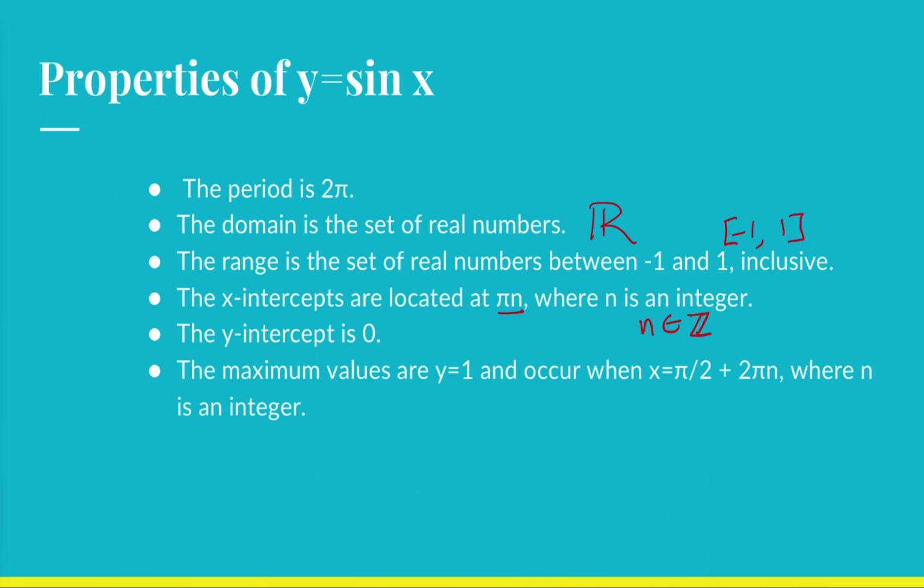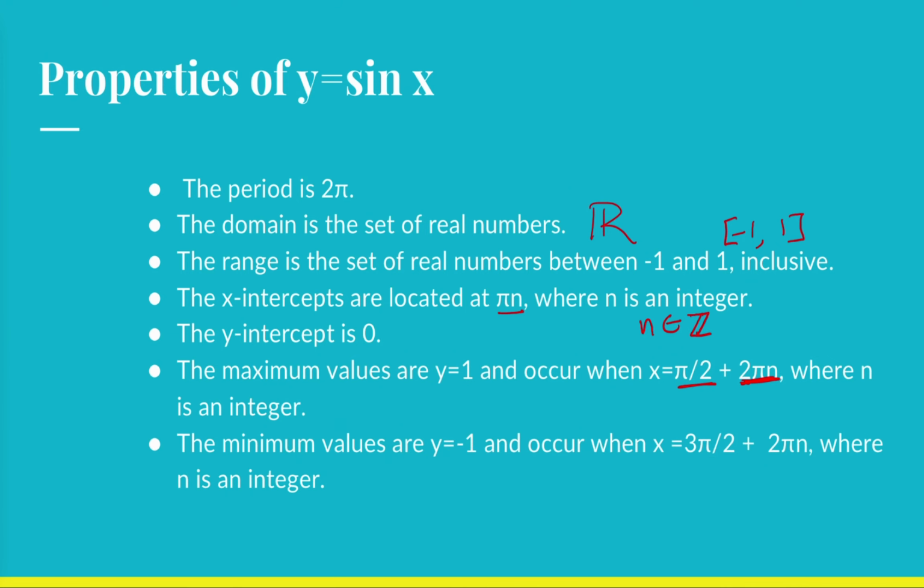The maximum values are y equals 1 and occur at multiples of 2 pi plus pi over 2. Minimum values are negative 1 and occur at multiples of 2 pi plus 3 pi over 2.